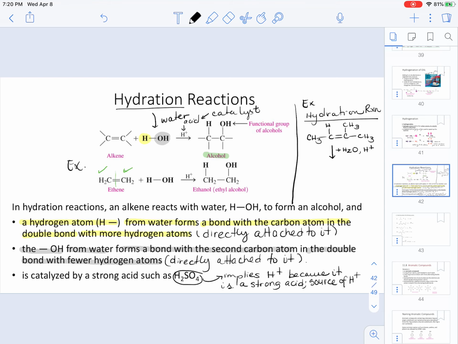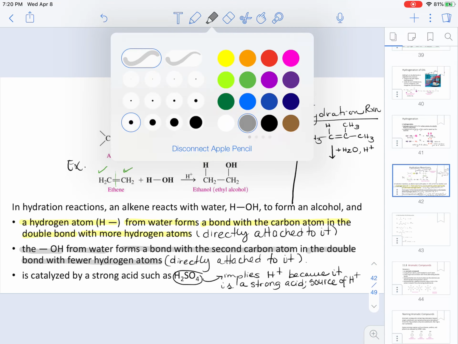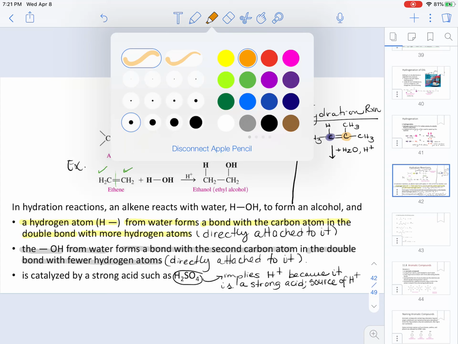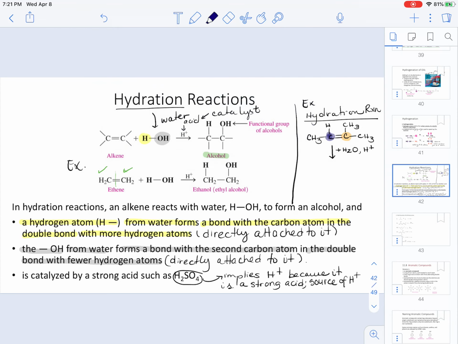So let's say that we have the following alkene and we are going to react it under hydration conditions. First, we need to notice what are going to be the carbon atoms that are attached through the double bond. As you can see, we have the carbon atom on the left and the carbon atom on the right. Now, the carbon atom on the left side is bonded to a hydrogen directly and is bonded to this carbon.